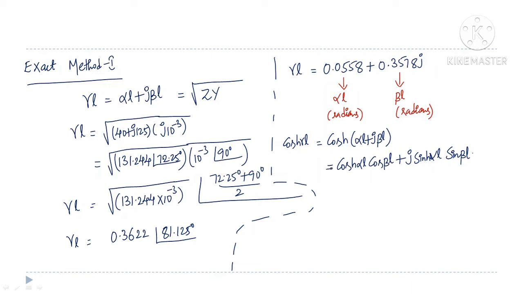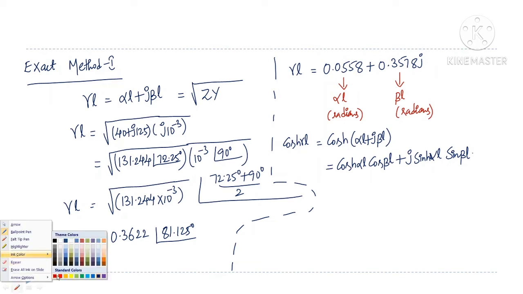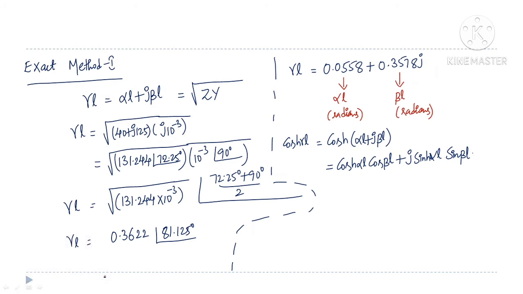But the important thing which you need to keep in your mind at this stage is, it is very important. Many students face difficulty or make mistakes while solving problems on long transmission line using the exact method, because they keep the calculator in degree mode.